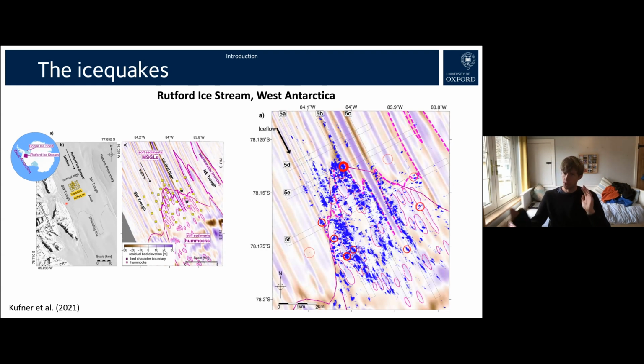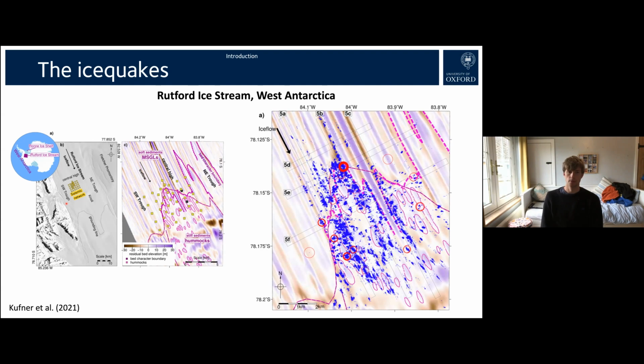And so we can only observe during that period. We can't make these observations outside of that period, and I guess that's a really limiting factor of this approach. My hope would be that we can see ice quakes at enough places that we can characterize the properties of the till when the ice quakes are active, and then back out at least an upper estimate of what the shear modulus of the till is when the ice quakes aren't there, if that makes sense.